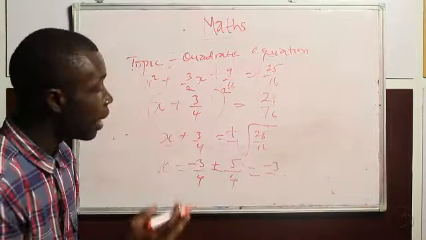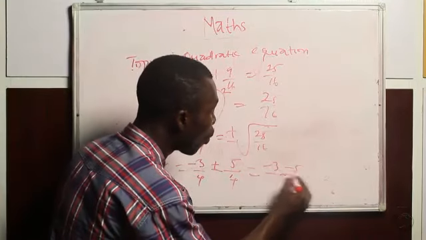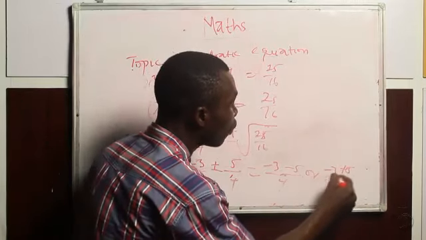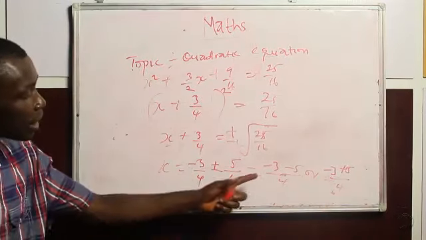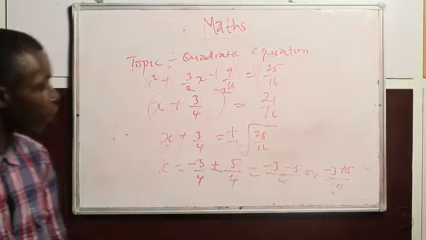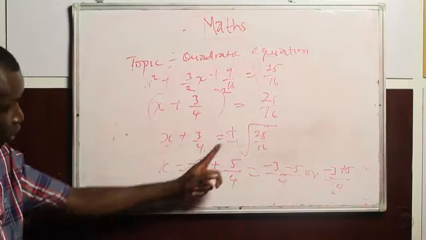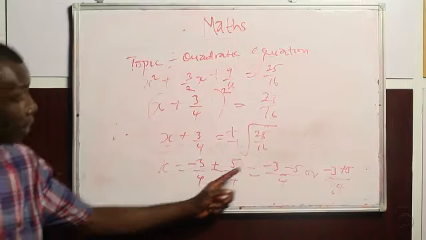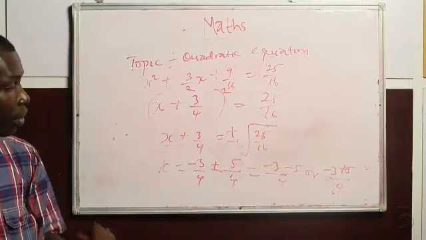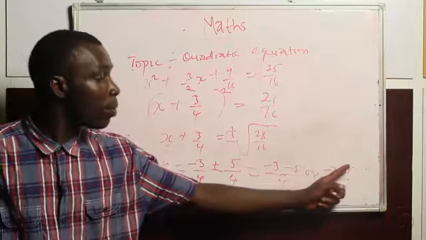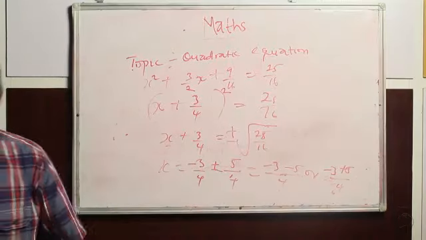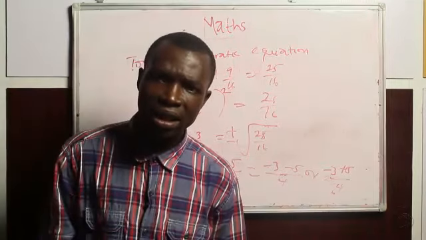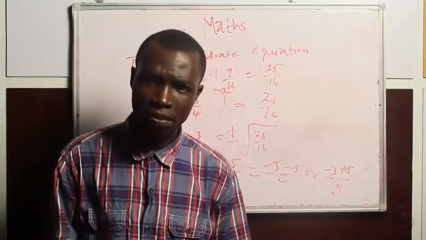Let us consider minus 3 minus 5 over 4, or minus 3 plus 5 over 4. How do we get minus 3 minus 5 over 4? We first consider minus, because we said plus or minus. We now consider minus 3 plus 5 over 4 to find the value of x, because we are looking for two values of x in quadratic equations.